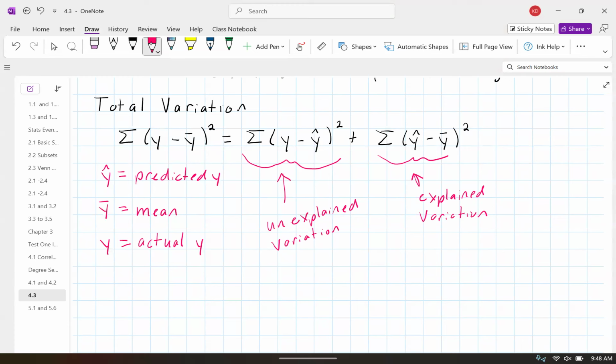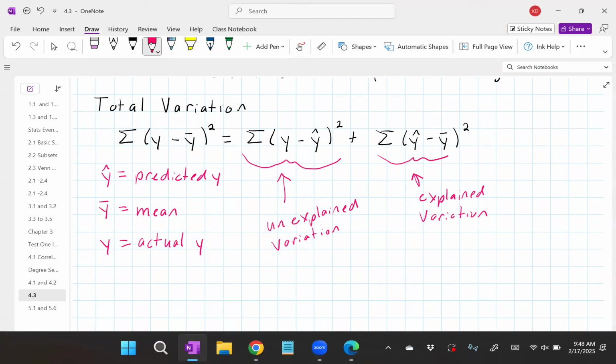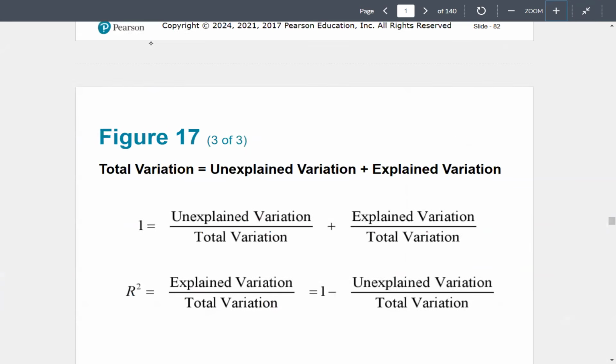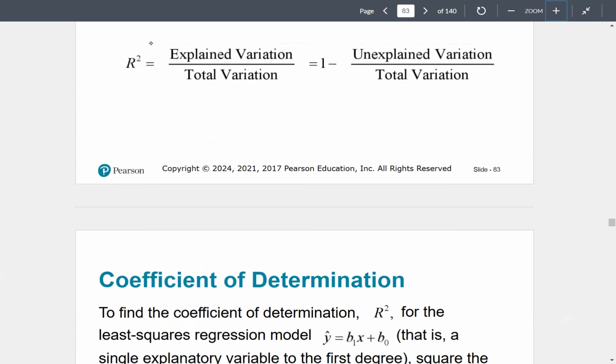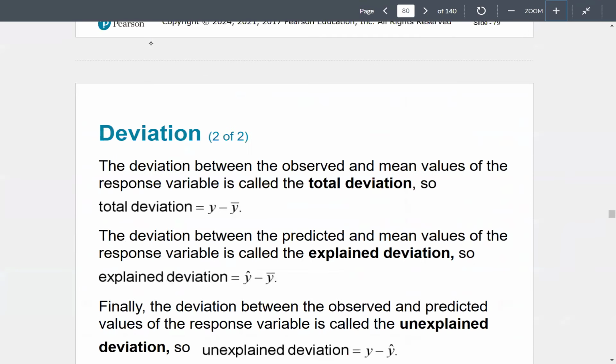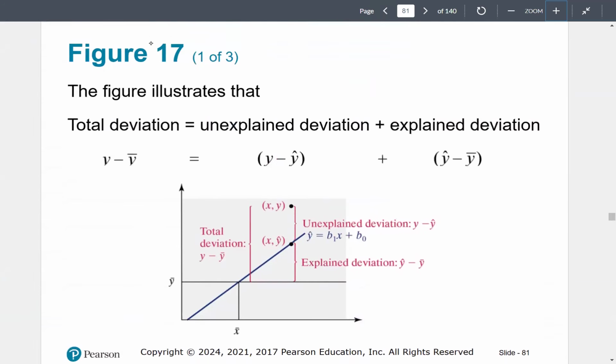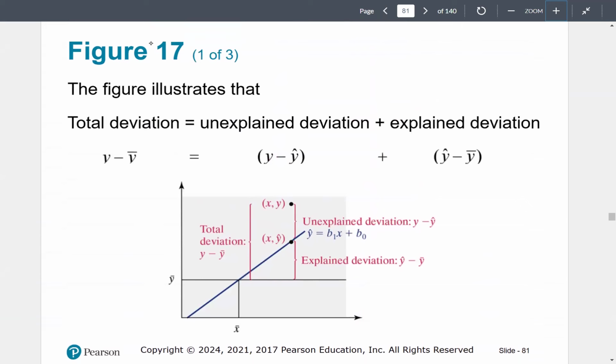Okay, I said slide 81, which I do believe I pulled up already. Okay, so this is a graph. Our graph here gives us a picture of it. Our line is the line we graph.